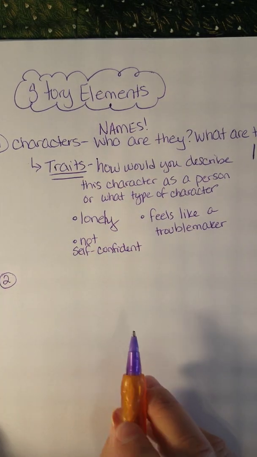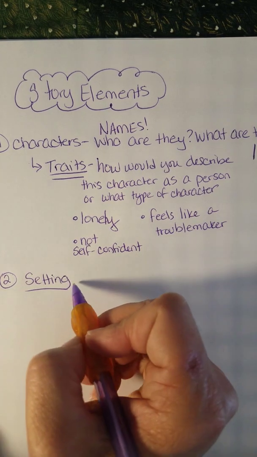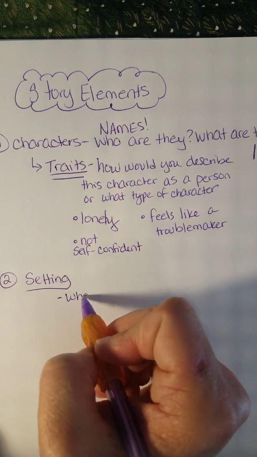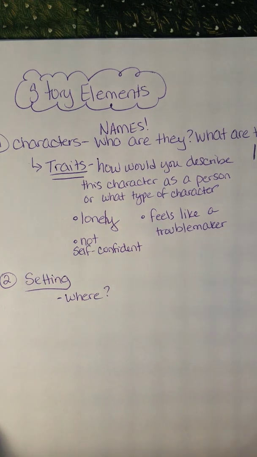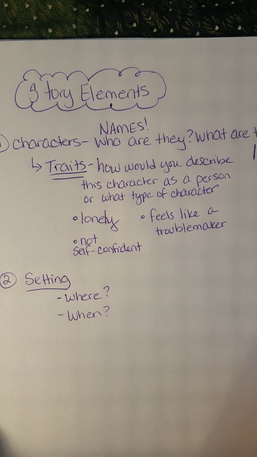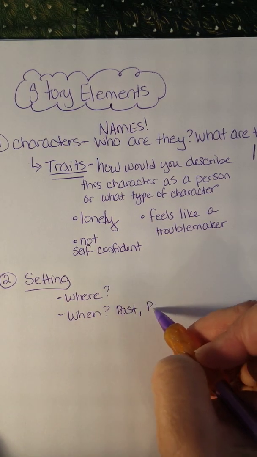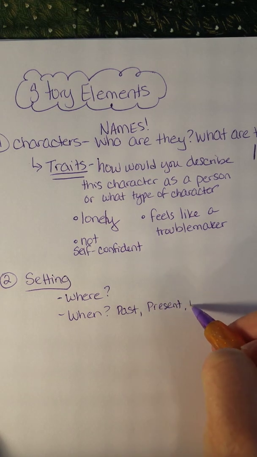Second story element, setting. Okay, this is where the story takes place and when. Now, sometimes when you're talking about when, you can only tell that it's either the past, the present, or the future.